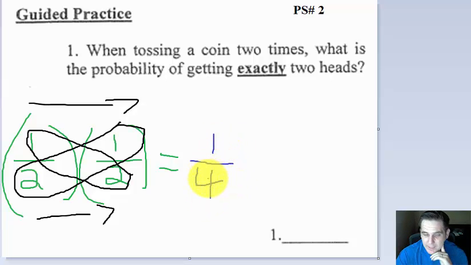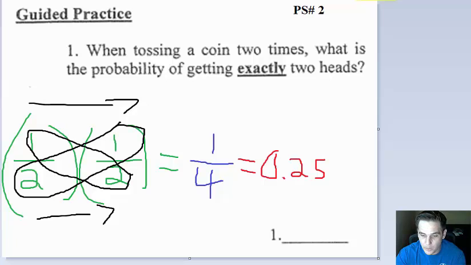Now it's possible they may have your answers in percentages, which means you're not going to be able to stop here. So again, think back. How do you turn a fraction into a percentage? Well, you do top divided by bottom. So top divided by bottom is going to bring you 0.25.